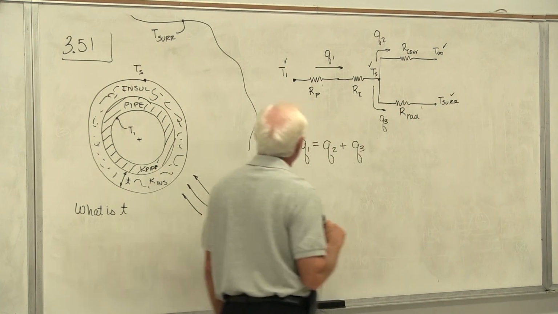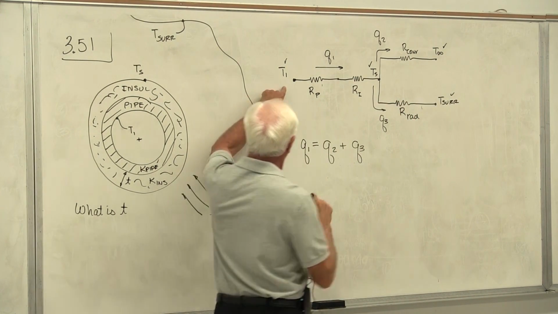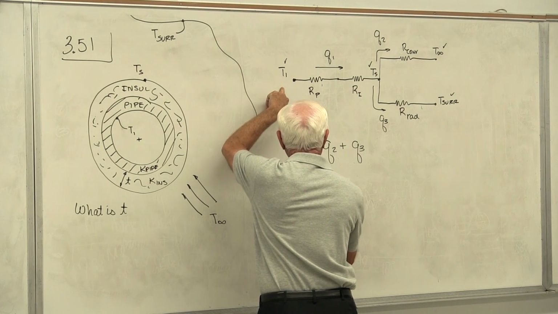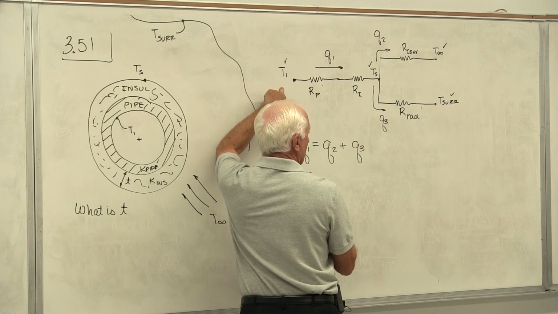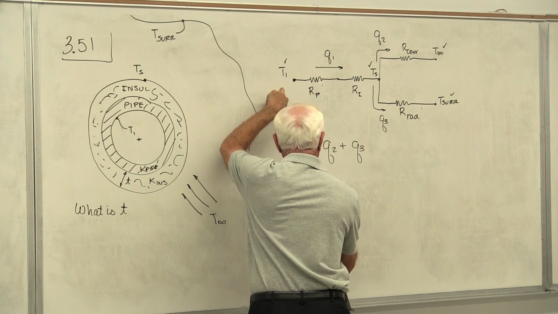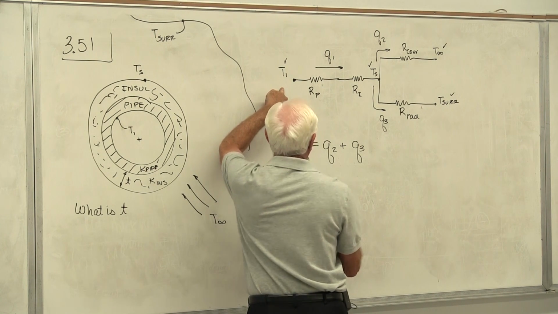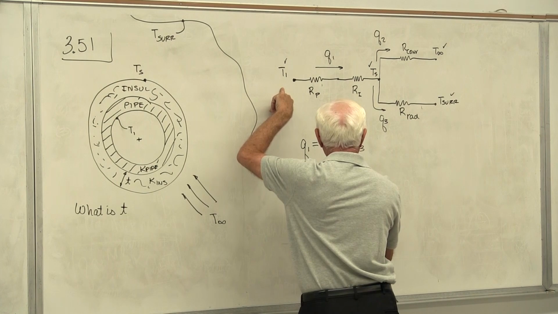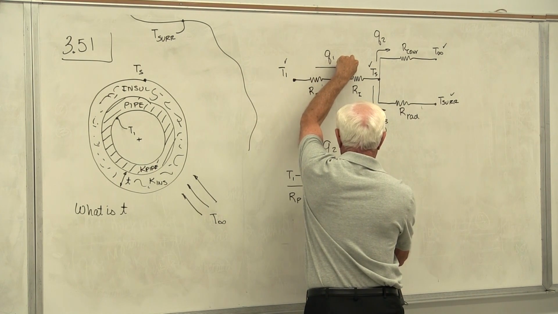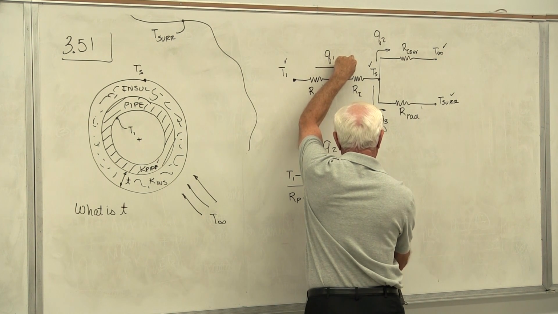So I'm going to write Q1: hot temperature minus cold temperature divided by the sum of the resistances between those two points, RP plus R insulation. That's equal to Q2, convection: TS minus T infinity divided by R convection.